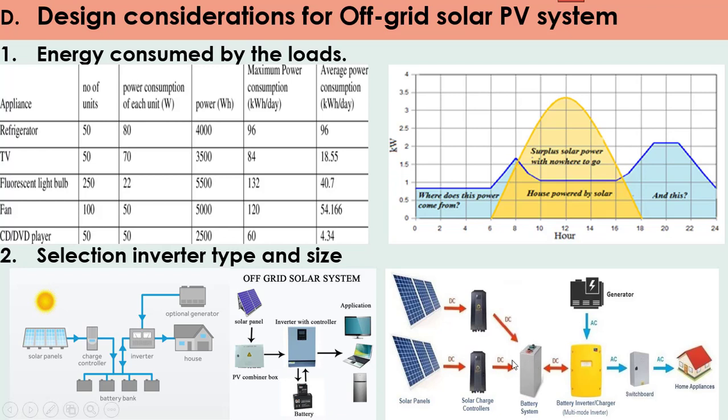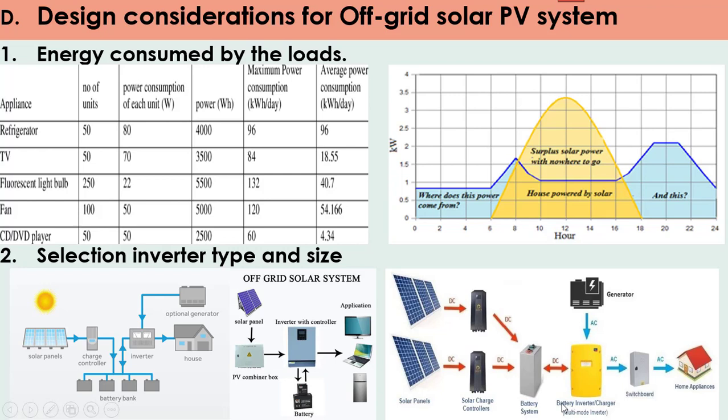Then the energy coming from the strings of the array will charge the battery system, and then by the battery inverter charger. This is another type that can be used in the DC coupling system, or an off-grid DC coupling system.